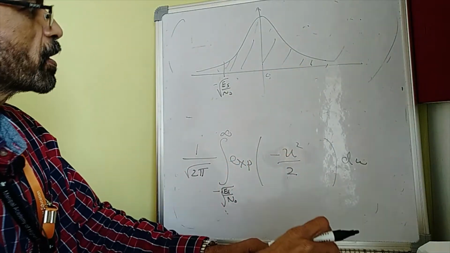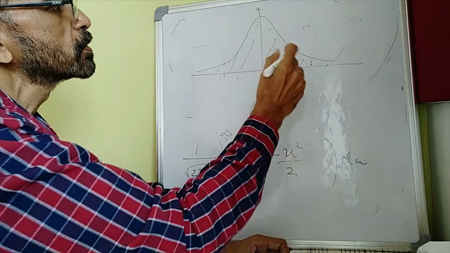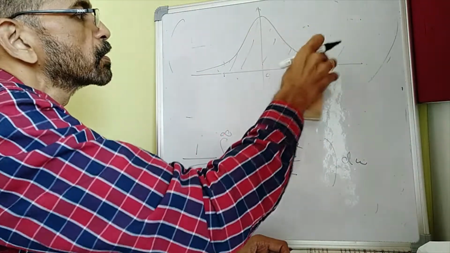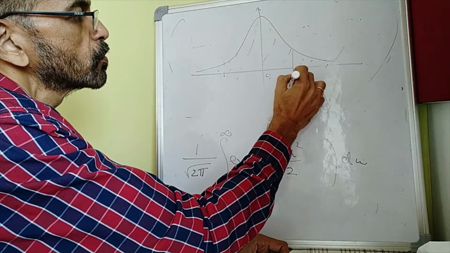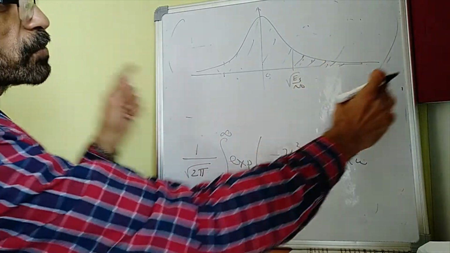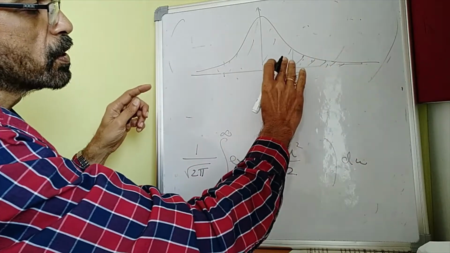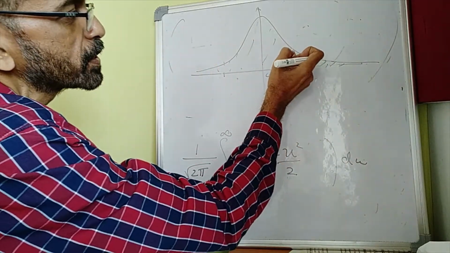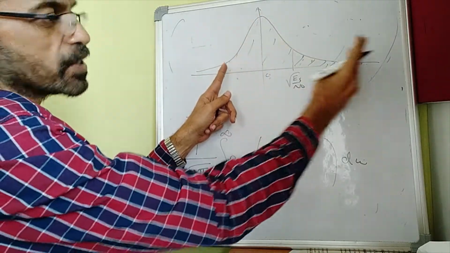Now that will be the same as 1 minus this area. So from 1, which is the total area under the distribution density function, if you subtract this area, you will get this area, which is the same as this area.